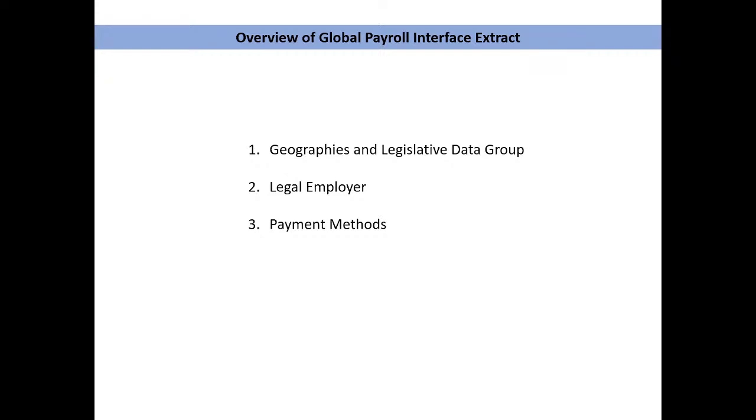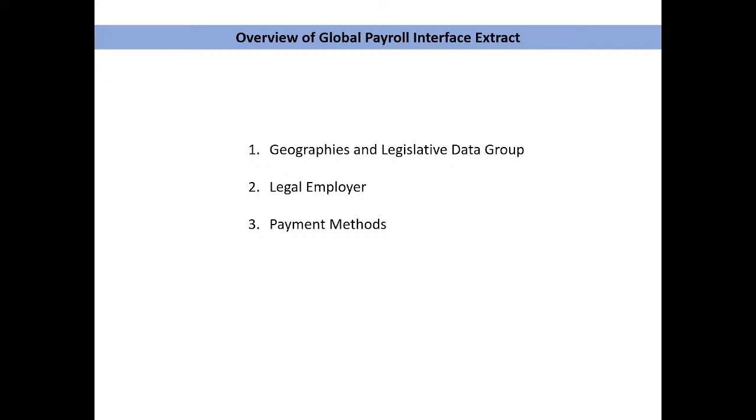Global payroll interface extracts and reports only employee information. It reports historical records for salary, element entries and bank account on a personal payment method. These records are all effective dated records that are effective within the specified extraction window.